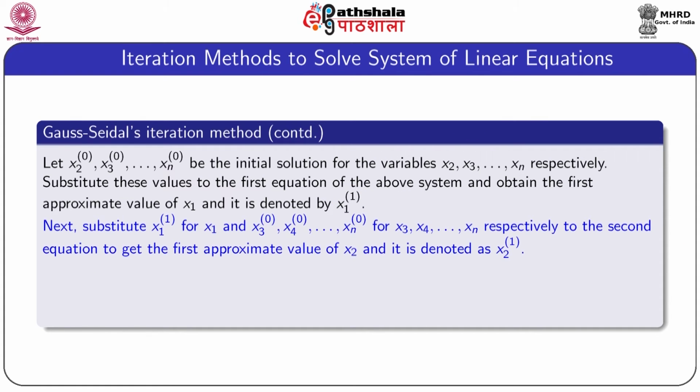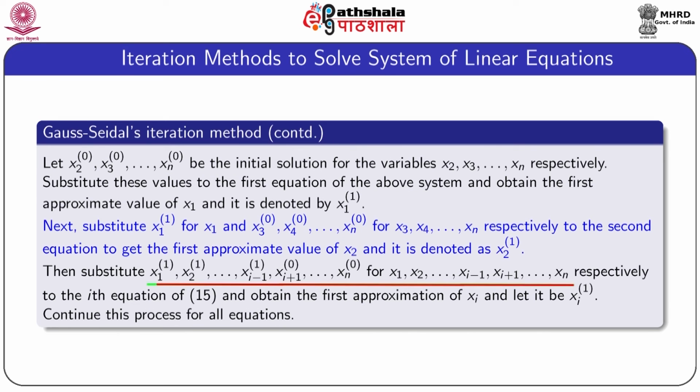Next we substitute the value of x1^(1), x3^(0), x4^(0) up to xn^(0) for the variables x1, x3, x4 up to xn respectively into the second equation to get the first approximate value of the variable x2, denoted by x2^(1).